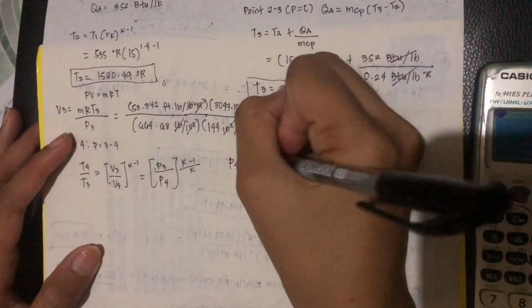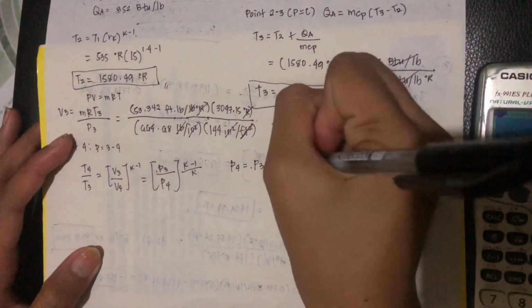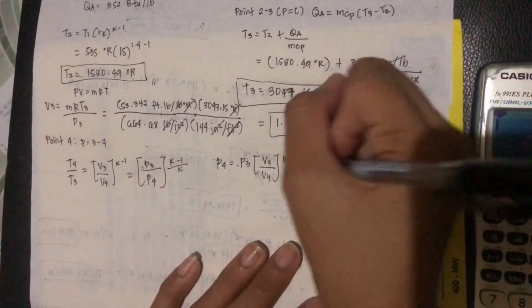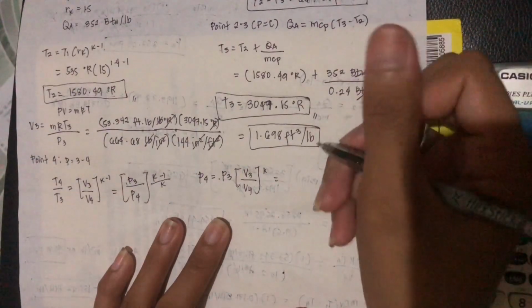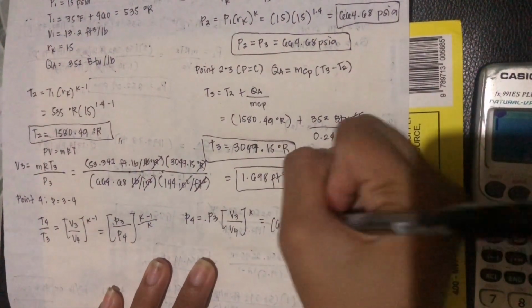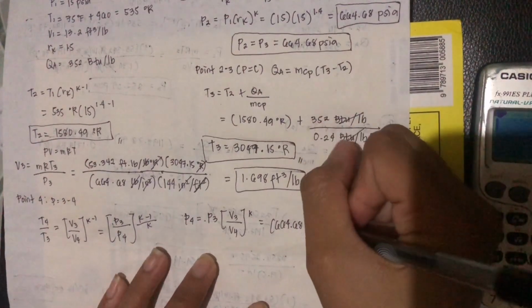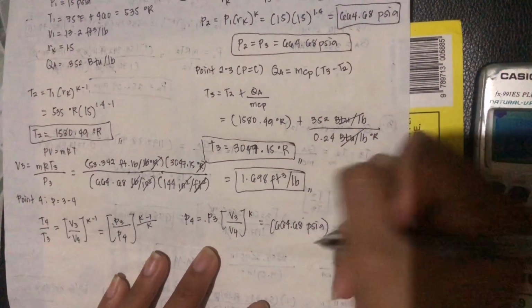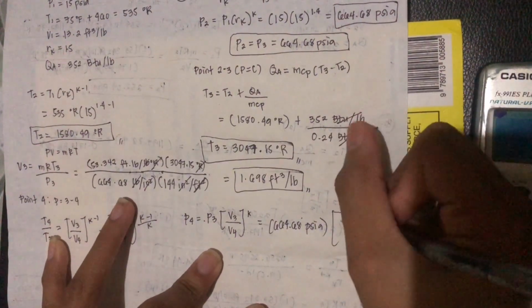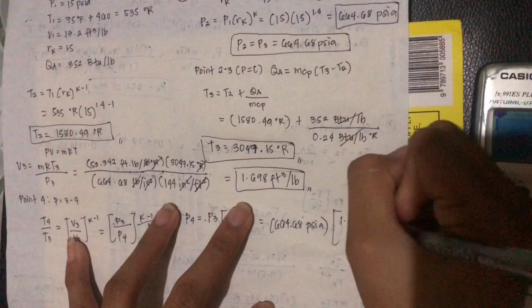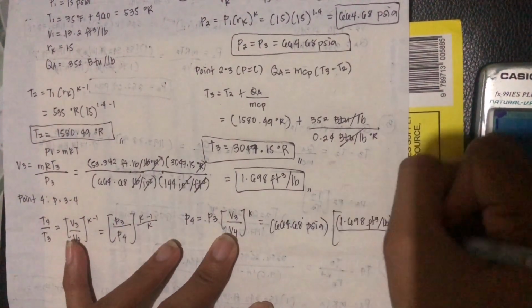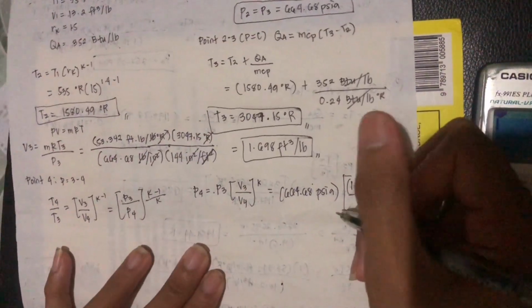P4 is equal to P3 times V3 over V4 raised to the power of K. We substitute: P3 is 664.68 PSIA, V3 is 1.698 cubic feet per pound, over V4.